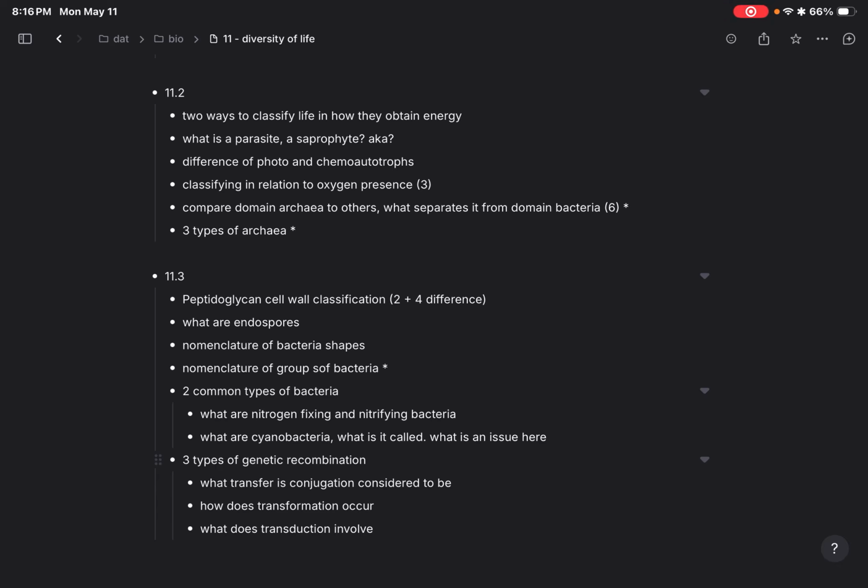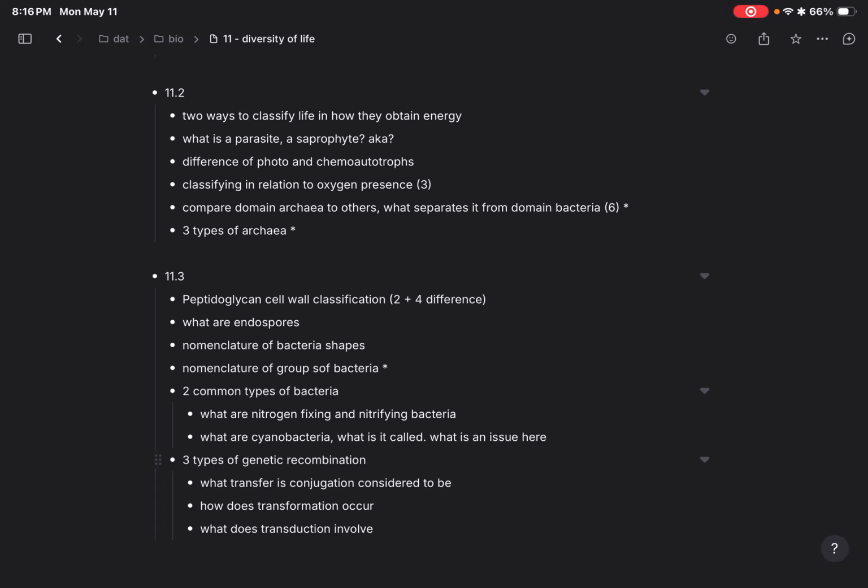So the transfer of conjugation is considered to be, I don't know. So where is it talking about this now? Damn, why are these notes so much information that I never heard about?